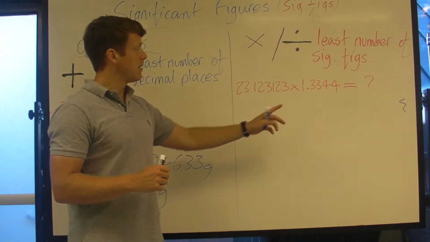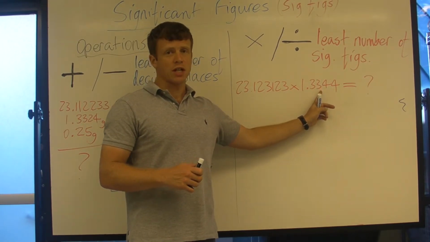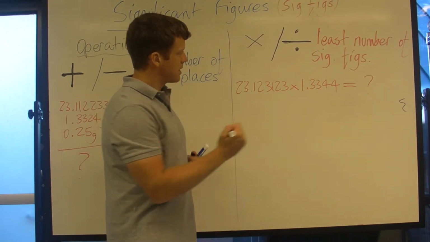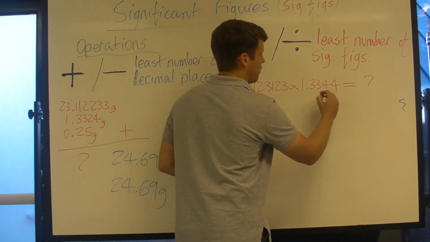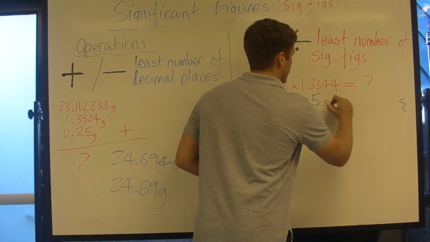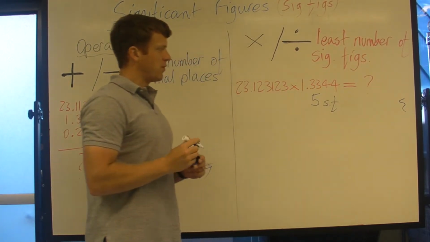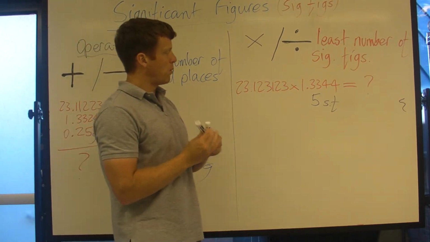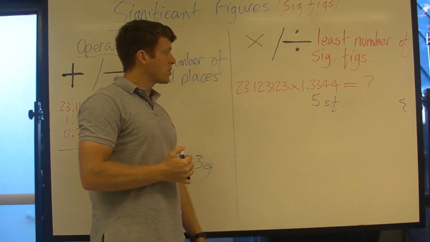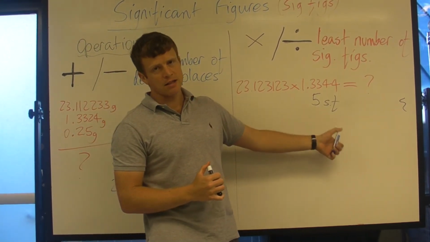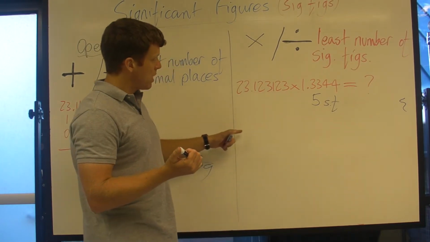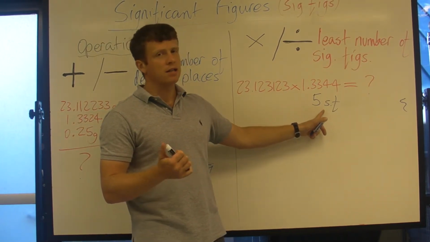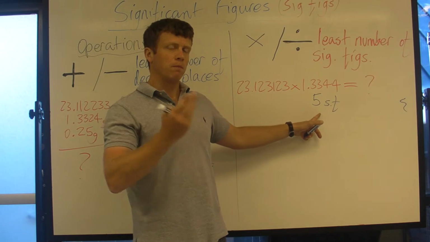You're only interested in the smallest number of significant figures. And in this case, we've got 1, 2, 3, 4, 5. So I'm going to put 5 significant figures underneath that, 1.3344. Because I know that when I write my final answer, I'm going to go to that many significant figures, so I've got to do some rounding.